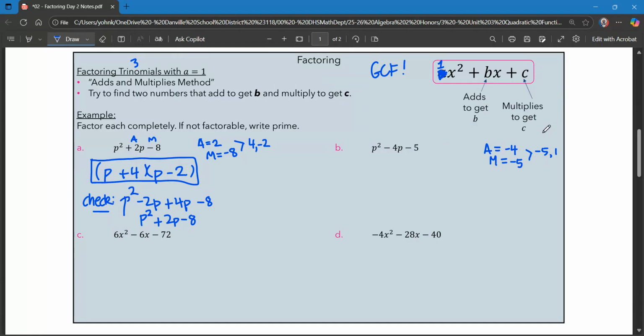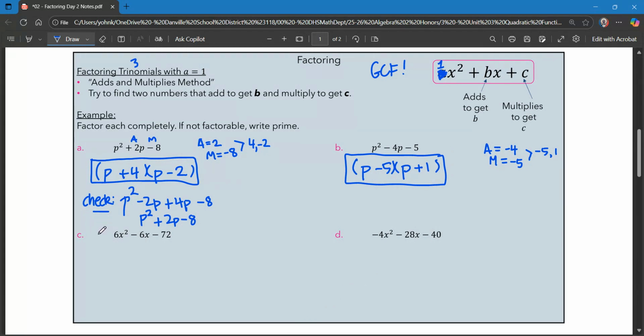So negative 5 plus 1 is negative 4, and negative 5 times 1 is negative 5. So I start my two parentheses, put the letter from the problem in the parentheses, and put one of the numbers, negative 5, in the first parenthesis, and the second number, plus 1, in the second one. Again, doesn't matter the order.